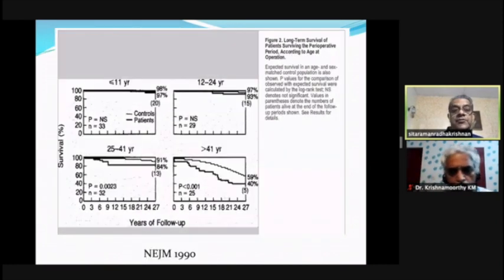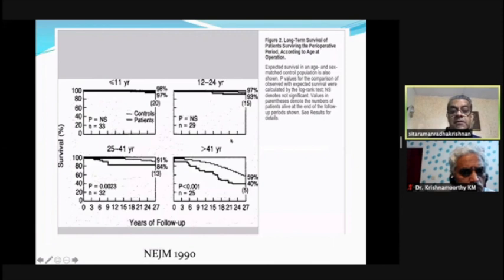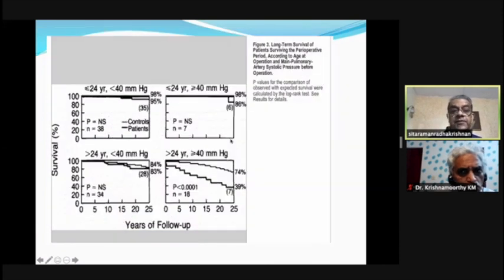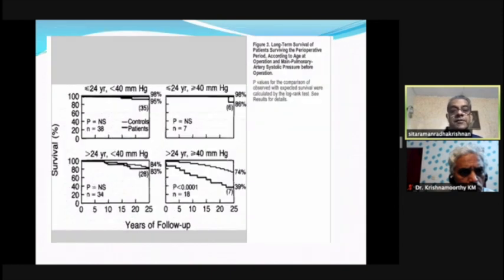And clearly it shows that when you're less than 11 years of age and when you don't have pulmonary hypertension, then you're going to lead a normal life. As the age increases and as the pulmonary artery pressure increases, your longevity or your percentage of survival clearly drops in these graphs. So, two things matter: one is the age of the patient, and the other is the degree of pulmonary hypertension.